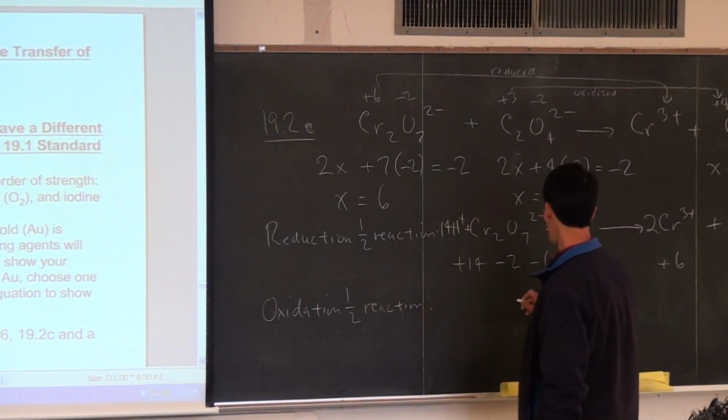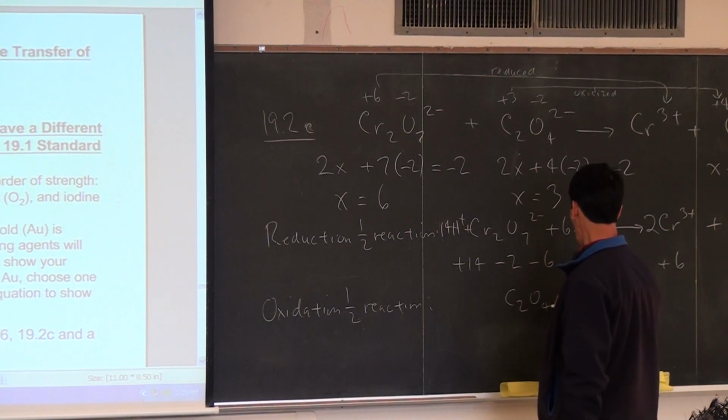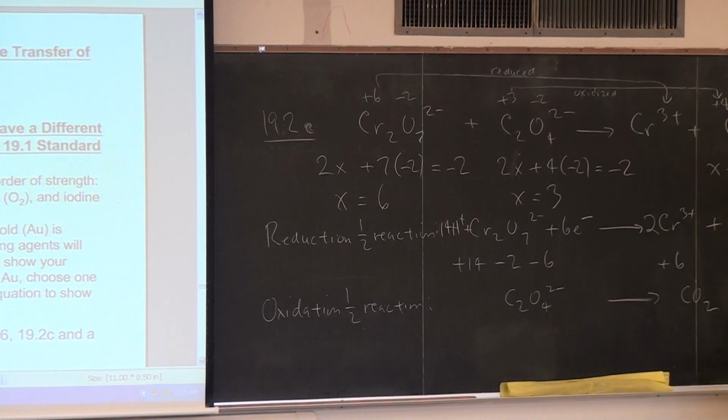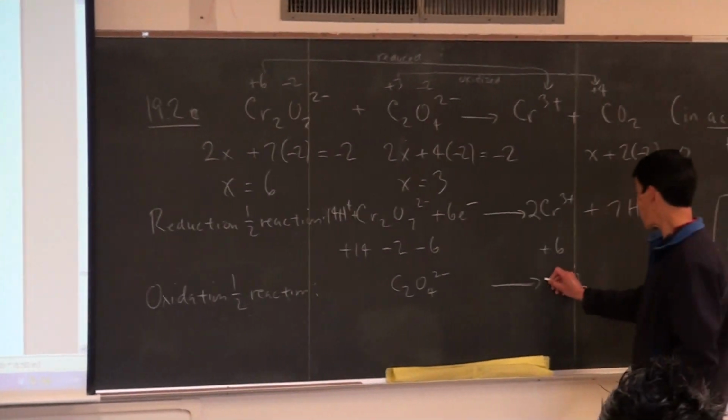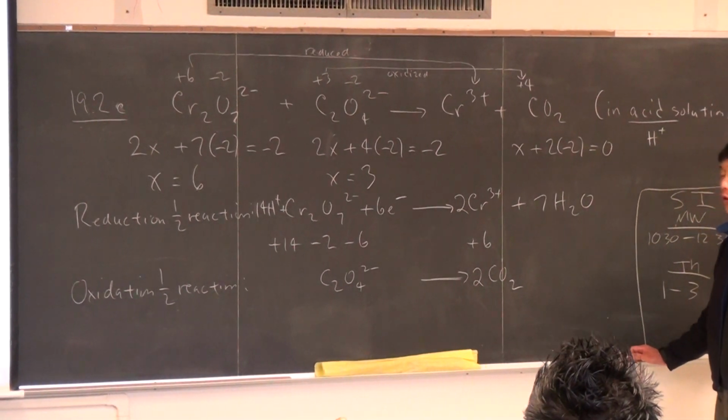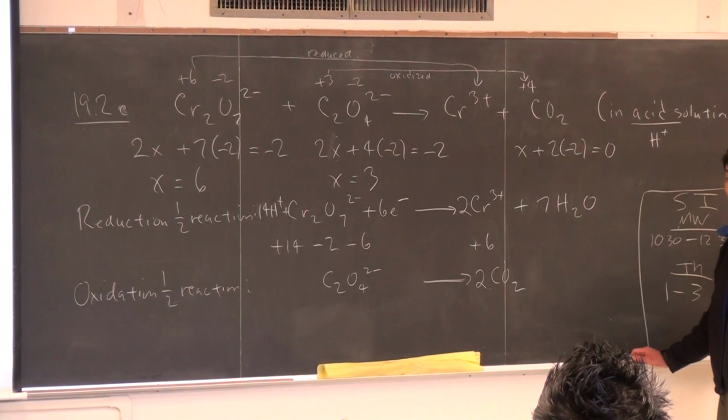Okay, so let's see, we said that the oxalate is being oxidized. Note that the carbons are not balanced on each side of the equation. Let's put a 2 here. Now, how many electrons is the C2O4 2- ion losing?